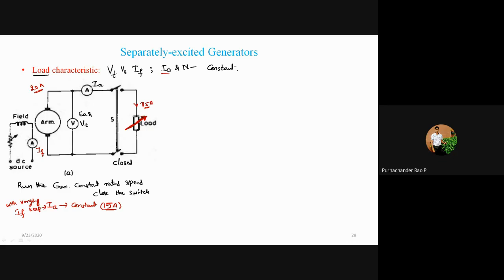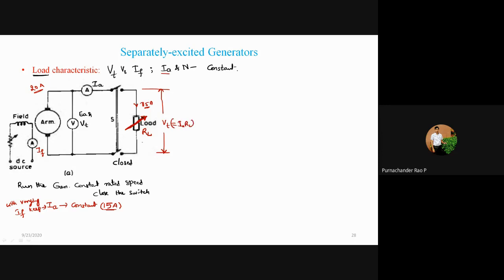Next, once IA is fixed, you can get some terminal voltage. You will get some terminal voltage because it is having a load of RL and the current will be IA. So VT is given as IA into RL.